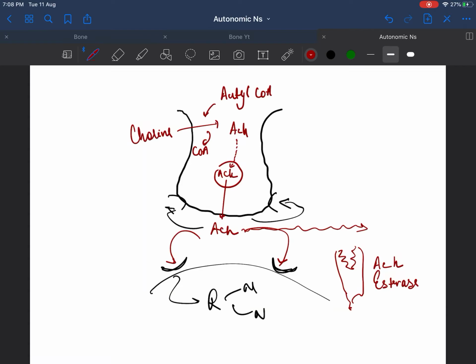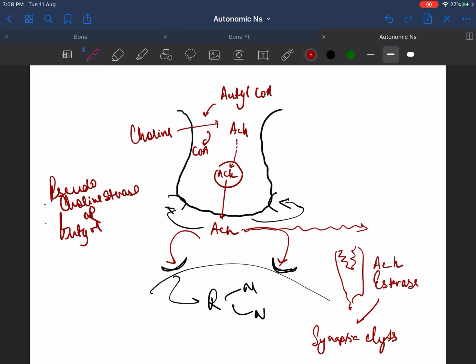So this acetylcholine esterase is present in abundance in all the synaptic clefts, and also we have something known as pseudocholinesterase, the other name is butyrylcholine esterase, which are actually present in the plasma, which can also degrade them. We'll learn about the importance of this later. I'll tell you about the importance here only.